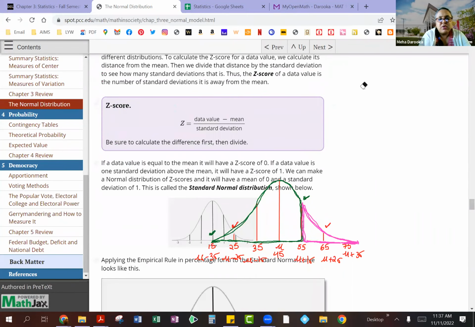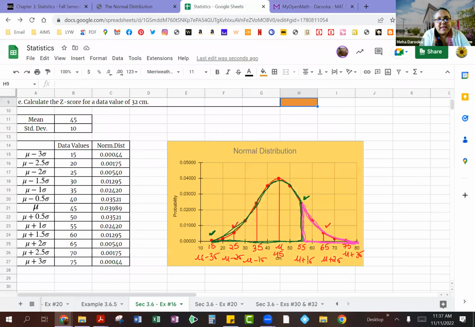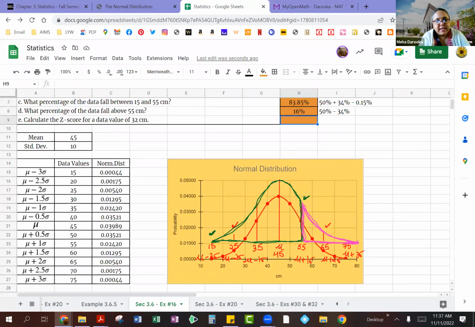So your z-score is where you basically take your data value, subtract the mean from it, and then divide that subtraction by the standard deviation. So take a minute and tell me what this z-score will come out to be here for the value of 32.